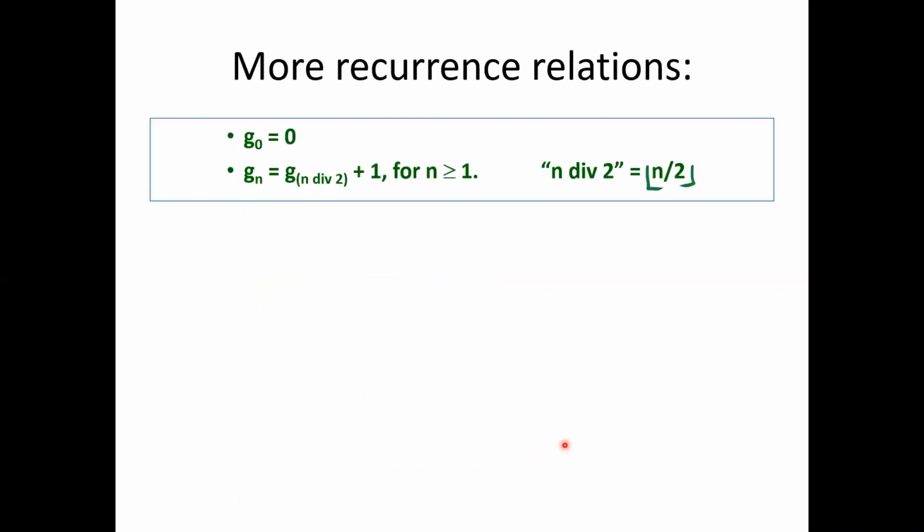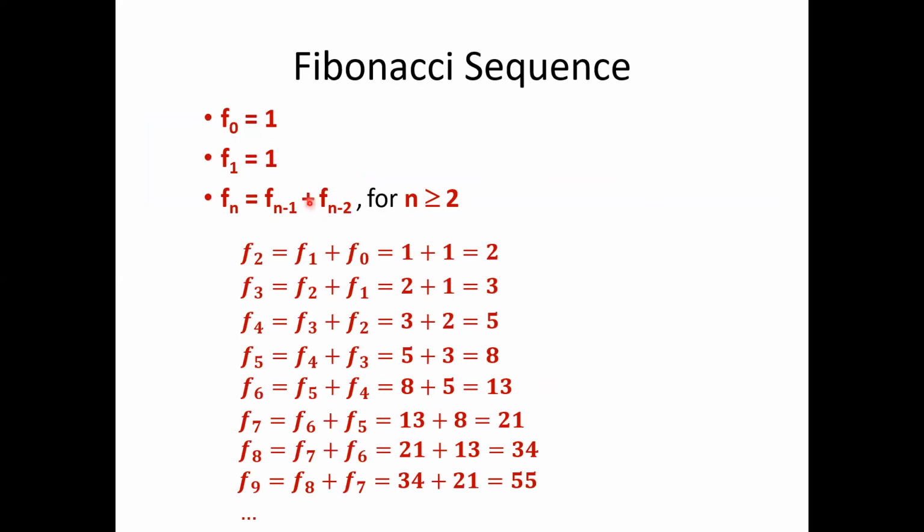Okay, and that is also indicative of the power of recursion. It's not so easy to see what it is. If I try to find a closed formula for what these values are, it looks like it might be a complicated closed formula.